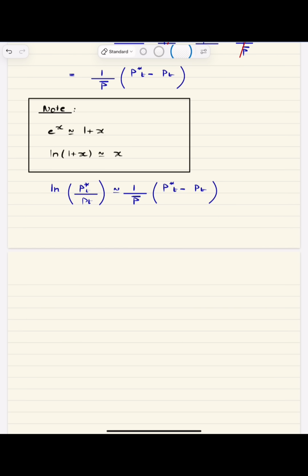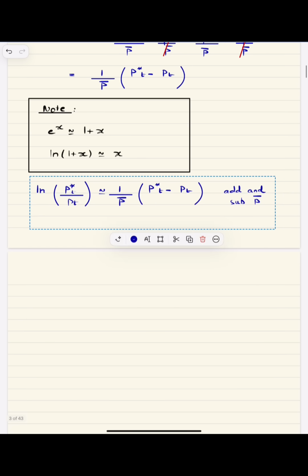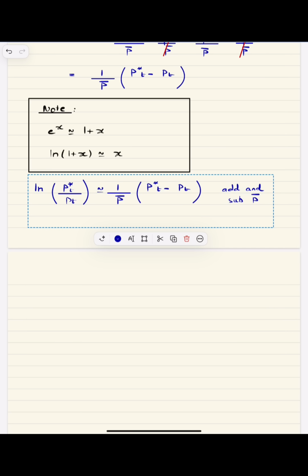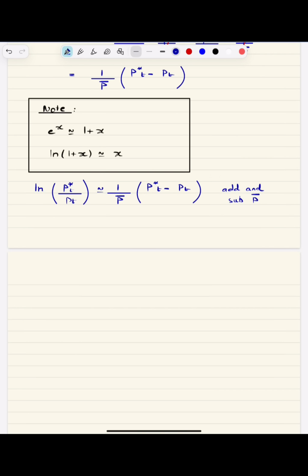Okay, so at this point we're going to do an algebraic manipulation. I'm just going to add and subtract p bar, because remember when we did the Phillips curve derivation, even the IS derivation that I did previously, the New Keynesian economists are basically interested in the deviations of output or consumption or any variable, for instance price, from the long run value.